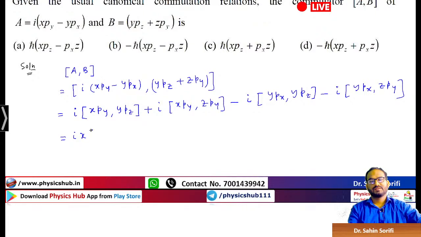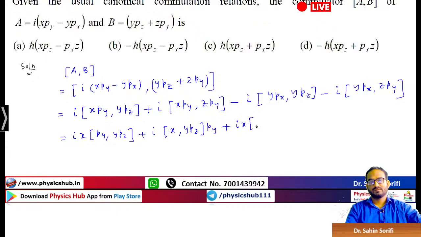So x will come first, py y pz, plus i, x remains, py, plus.